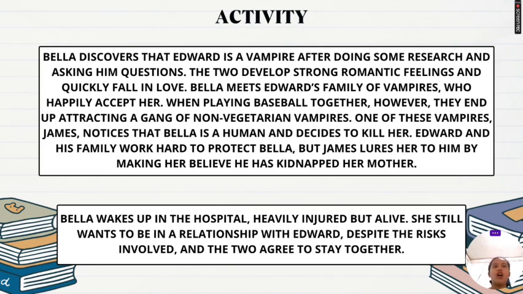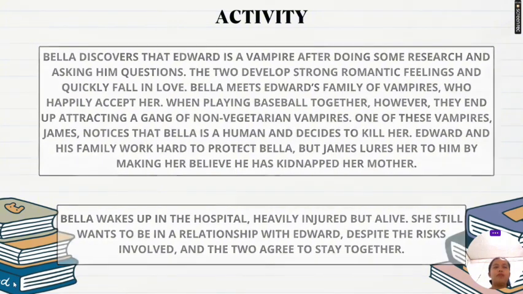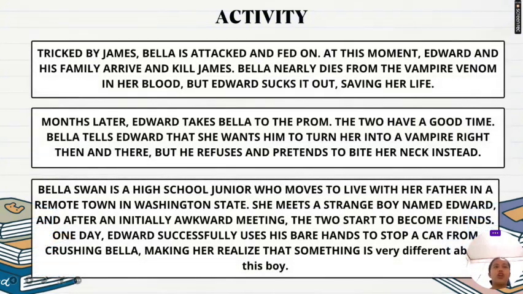So next, we will now proceed to our resolution. So for the resolution, we have here the correct answer, box number 2. So let us all read. Months later, Edward takes Bella to the prom. The two have a good time, and Bella tells Edward that she wants him to turn her into a vampire right then and there.